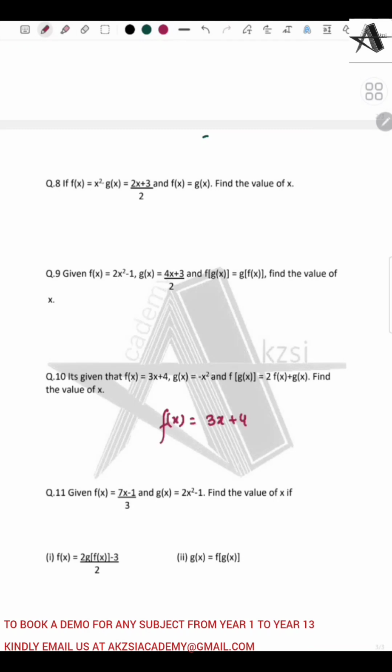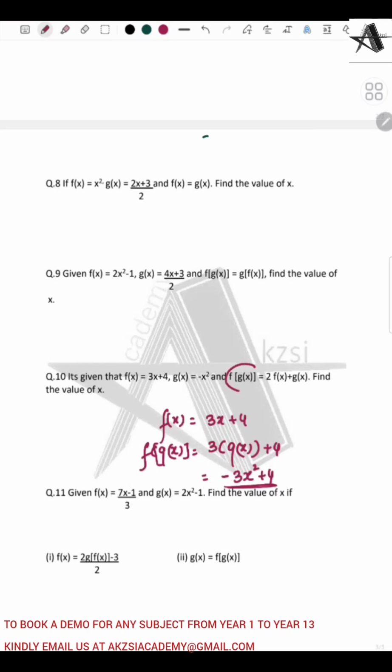And then we need to substitute g(x) in x, so it will be 3 times g(x) plus 4. And the final thing is you need to substitute the value of g(x), which is negative x squared, that is negative 3x squared plus 4 will be the final answer.